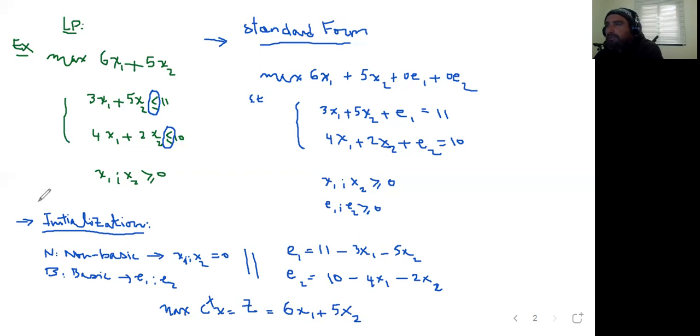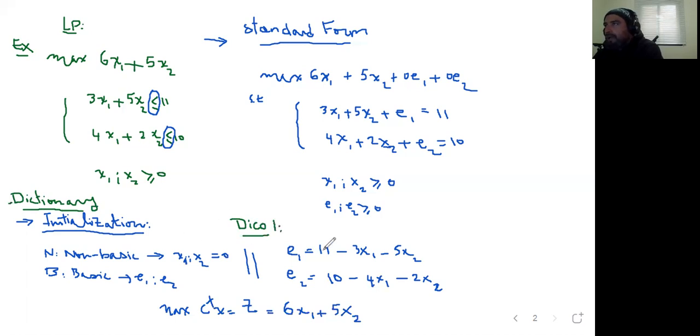Let me write it in green. Dictionary. At the end of this, you will understand what we mean by dictionaries here. So let's say this is dictionary number 1, or 0 if you wish.